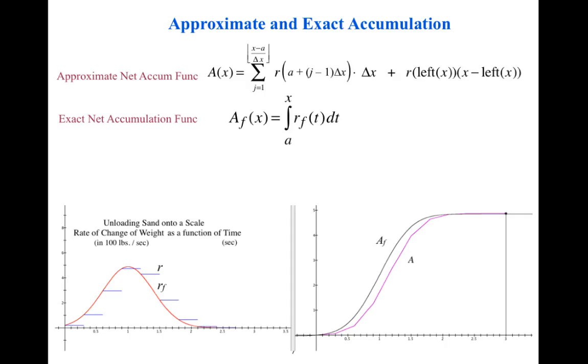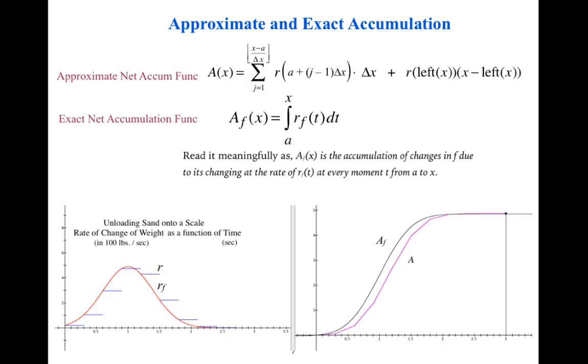So this is what we said is our exact net accumulation function. And we'll talk about that more in a second. How do we think about this meaningfully? A sub f of x is the accumulation of changes in f due to its changing rate, r sub f of t, at every moment t from A to x.